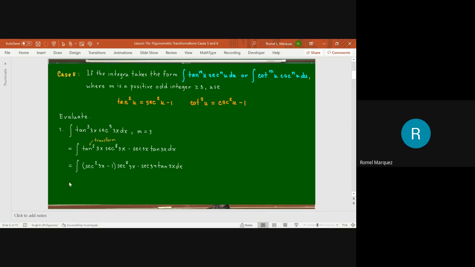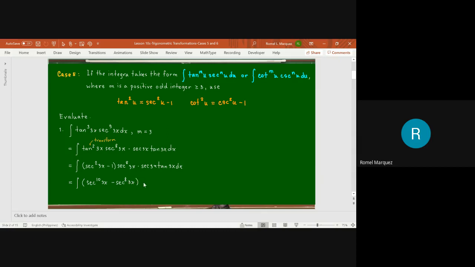So this is equal to, well, let's distribute secant. Inside the parentheses, the first term gives us secant to the 10th of 3x minus secant of 3x, and this secant is raised to 8.